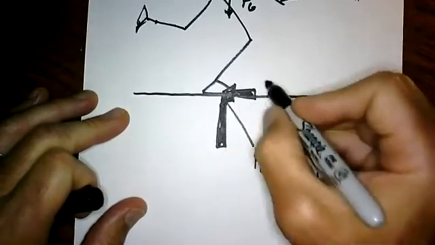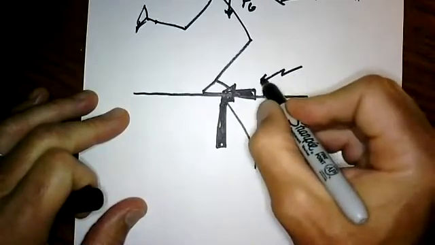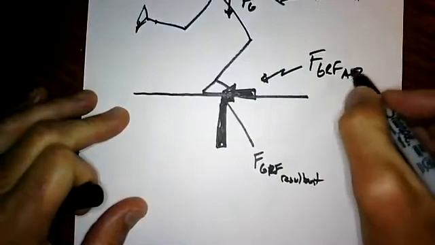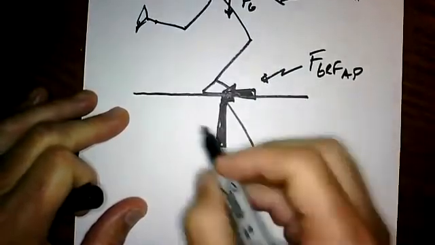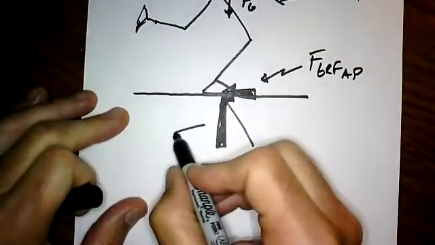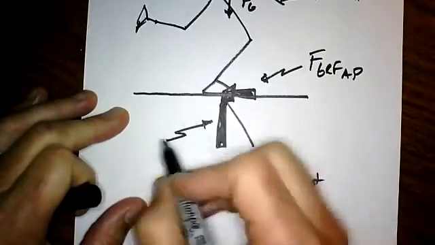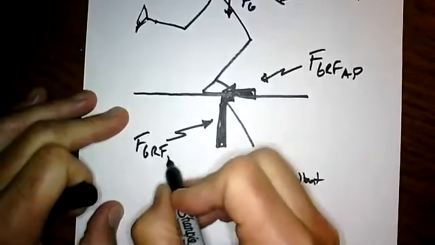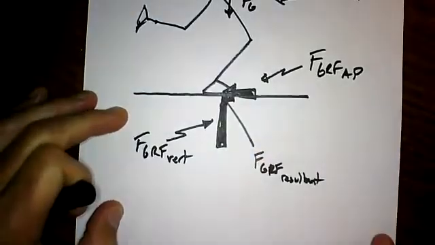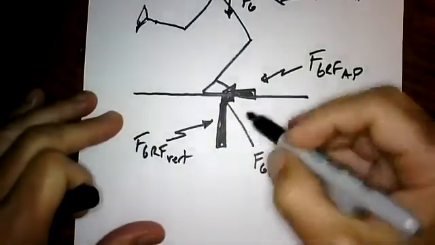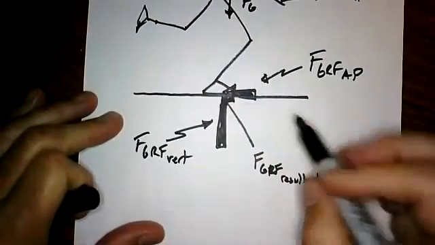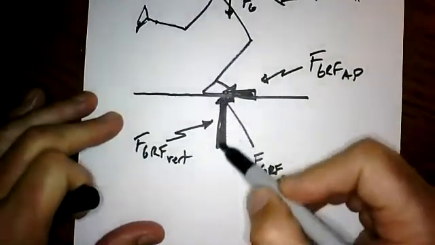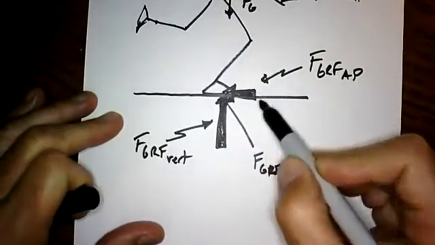This is FGRF AP, anterior-posterior, and this is FGRF vertical. So we take this resultant ground reaction force and break it into the two components, the vertical and the anterior-posterior.